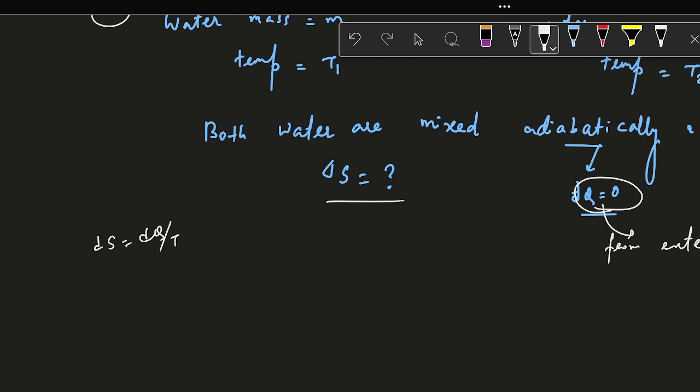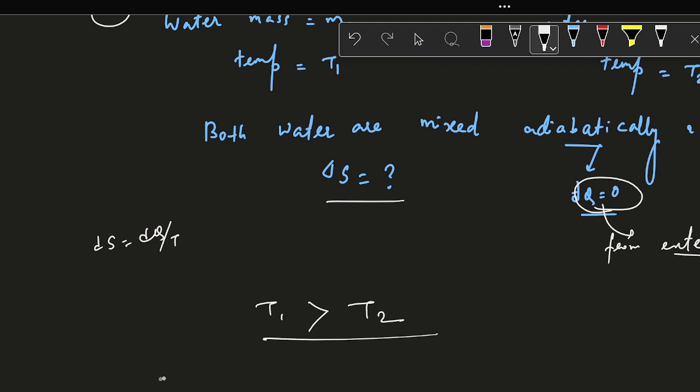I was telling that nothing from the environment can affect the water bodies, that whatever heat is being exchanged can only happen between water body 1 and water body 2, but nothing else, or no external source can be there. The two water bodies have a difference in temperature, one is T1 and the other is T2. Again let us assume that T1 is greater than T2. That means container A has hotter water compared to container B.